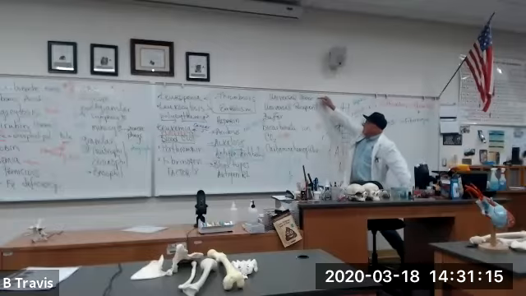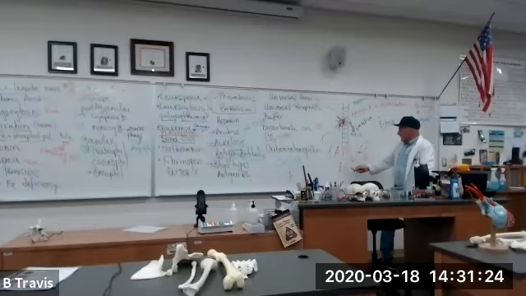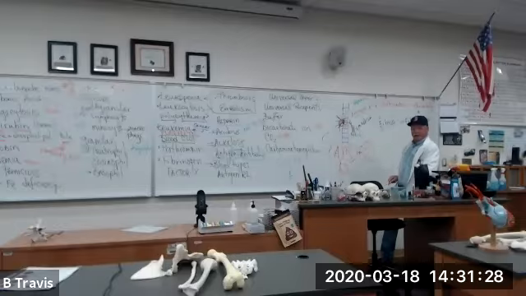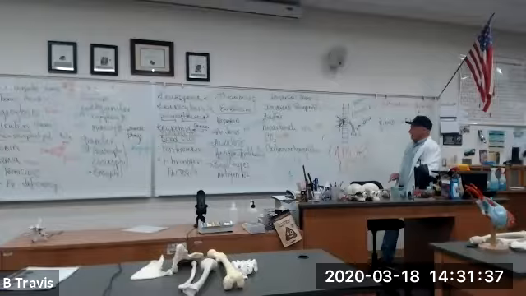Now, what is the universal recipient? Recipient means somebody that I can give blood to. Well, it's AB, because AB can get blood from A because it has the antibodies, sorry. B, because it has the B antibodies.